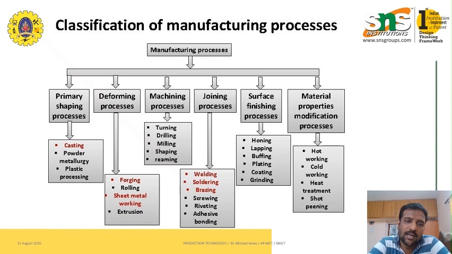These are the differences we quote between a production process and a manufacturing process. Here we have listed a few manufacturing processes: primary shaping, deforming process, machining process, joining process, surface finishing processes, and material properties modification process.